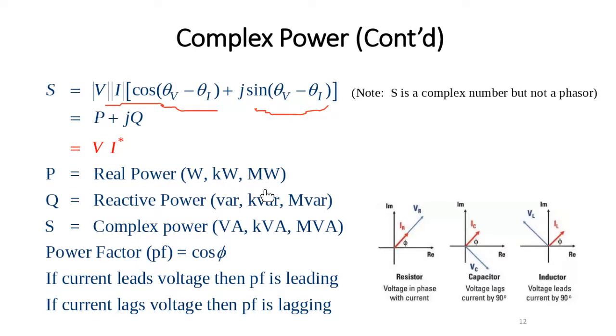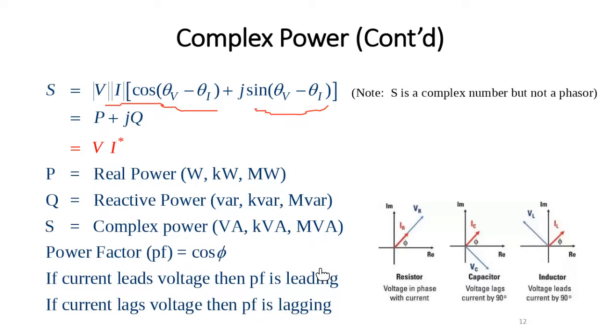That's why we call this watt or megawatt, and we call this var, kilovar or megavar, which means kilovolt ampere reactive. It's the same voltage times ampere times a number.